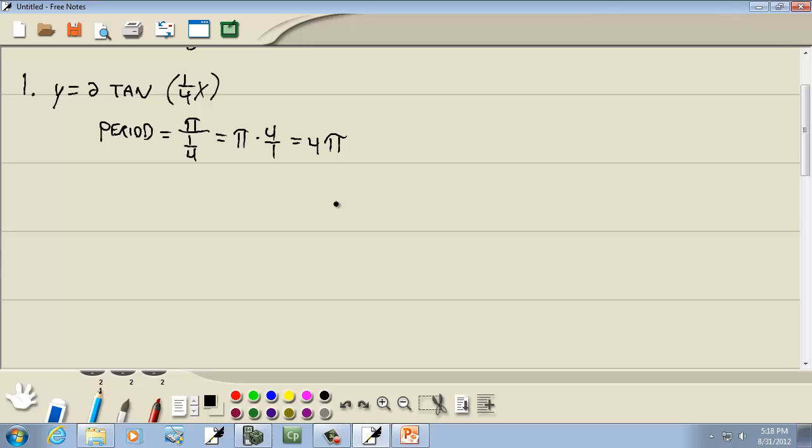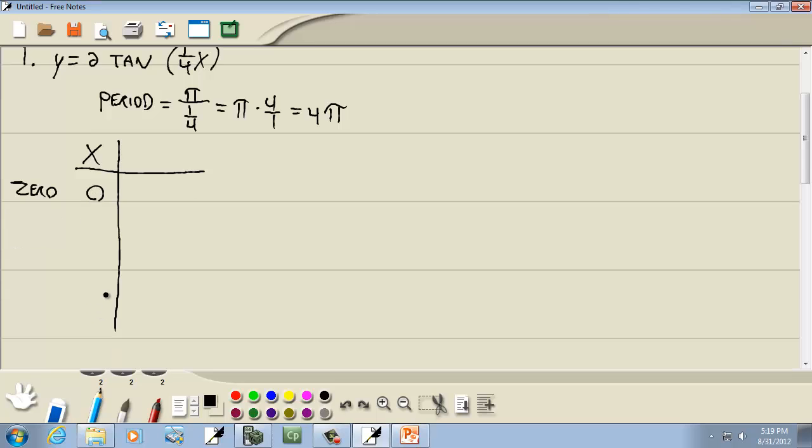Okay, so let's build our t-chart. Always, this first value is 0. This last one is always our period, which is 4 pi.